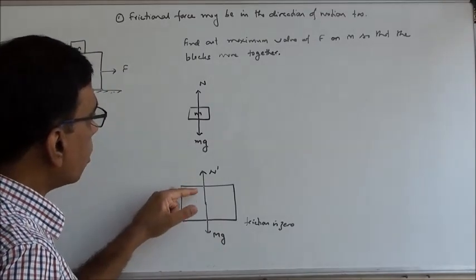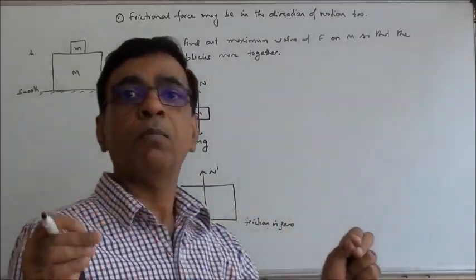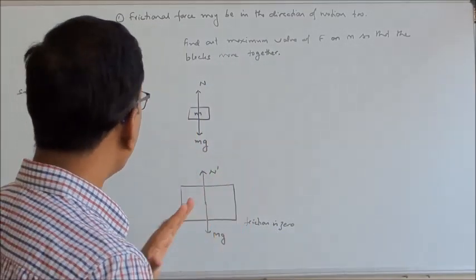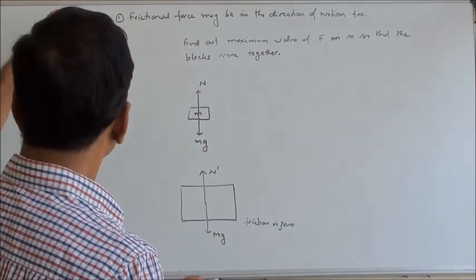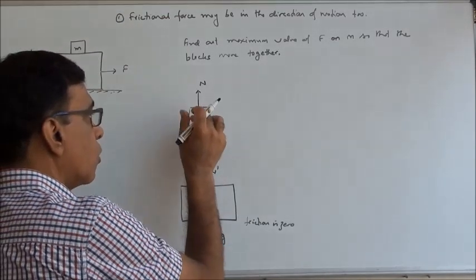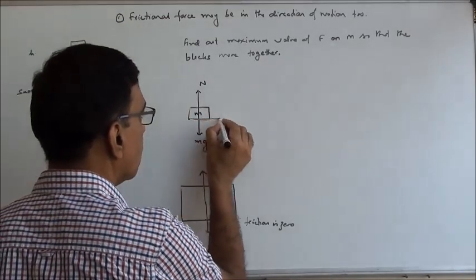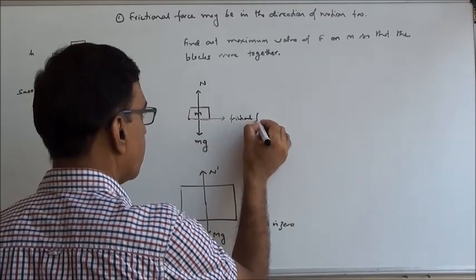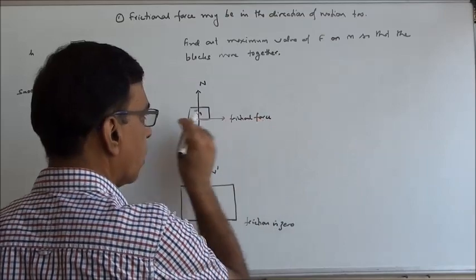But there is a contact force. What about the tangential component of the contact force between the two bodies? The upper block is kept on it and accelerated forward. It means the direction of friction on this block is in this direction. That's the only horizontal force acting on it.